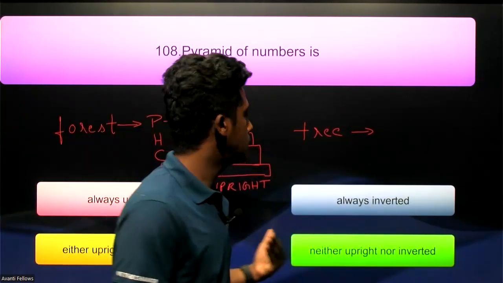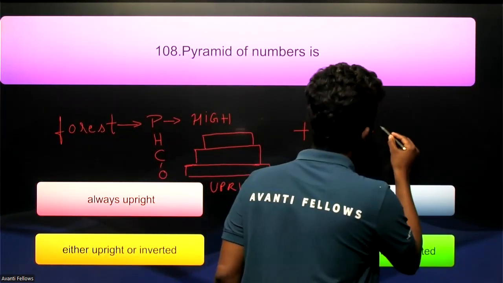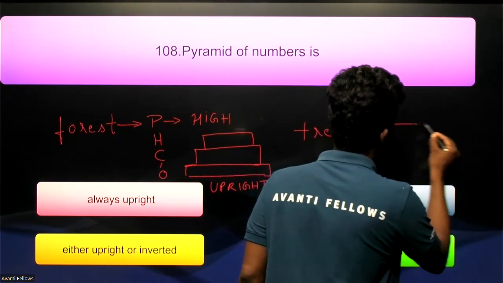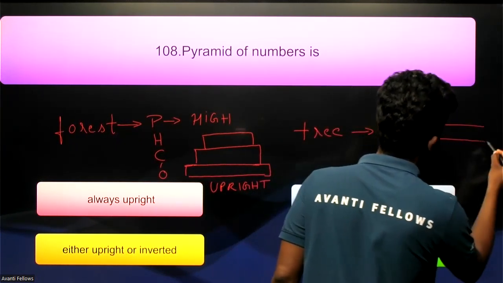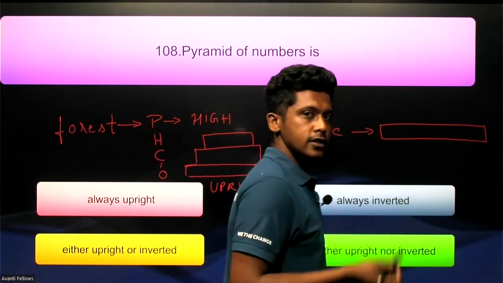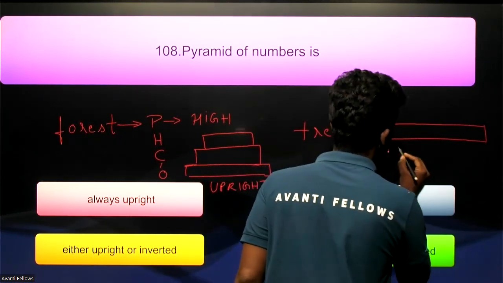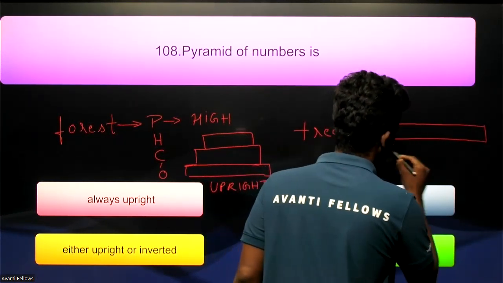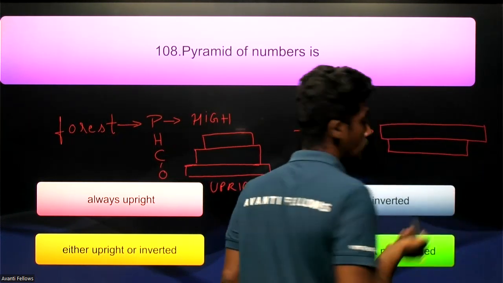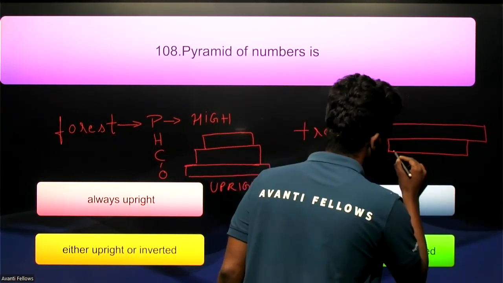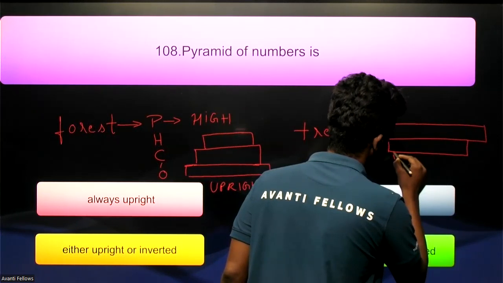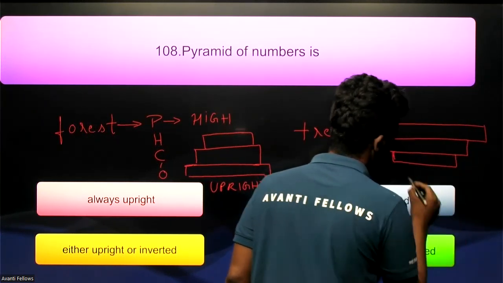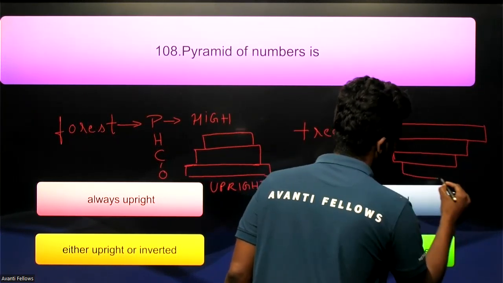So here the number of consumers occupies the highest position, such as the insects, and then come the small birds, and then the large birds, and finally it is one tree.